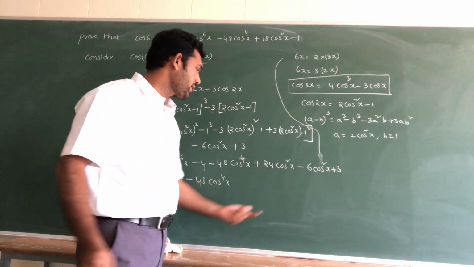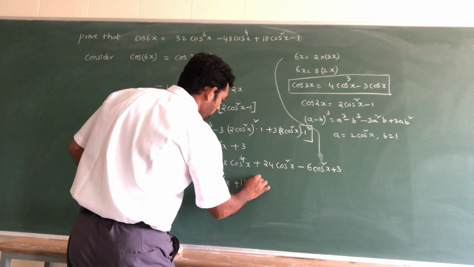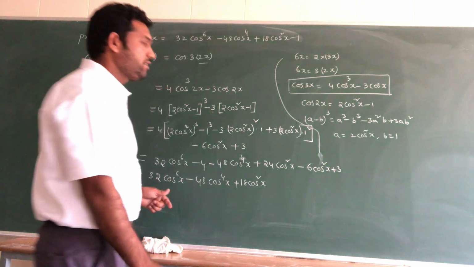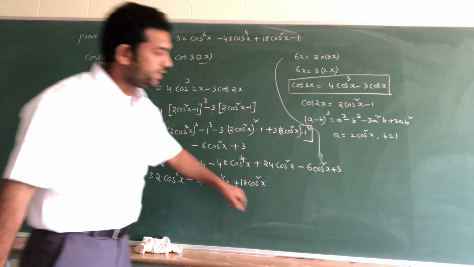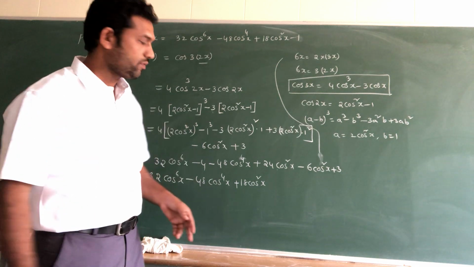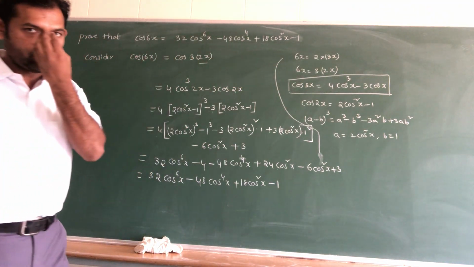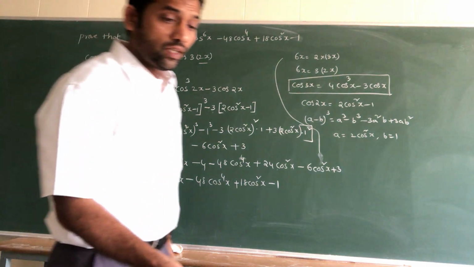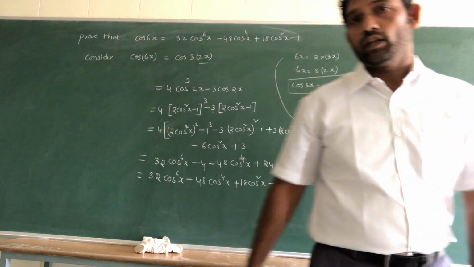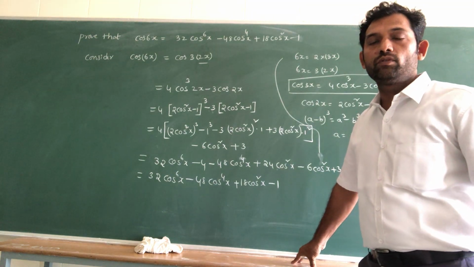Both are subtracted, so we are getting plus 18 cos square x. Again, here minus 4 is there, here plus 3 is there. Subtracted, what is remaining? Minus 1 is remaining. Note down fast.